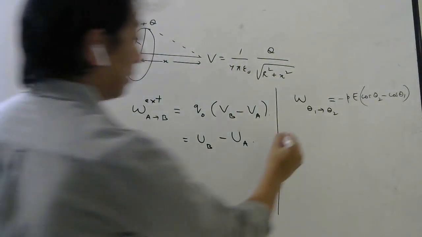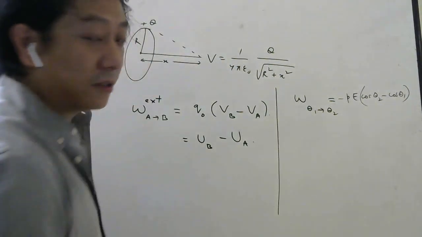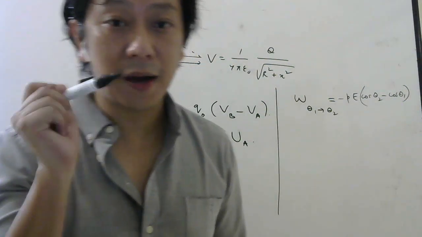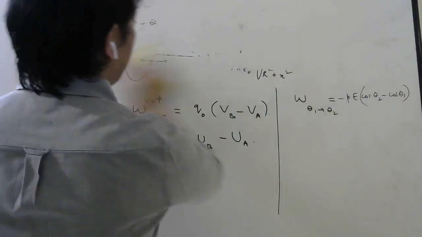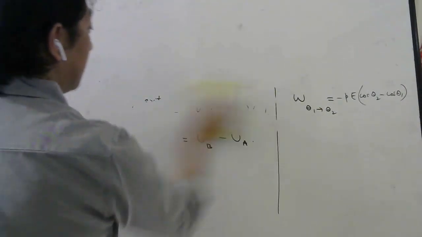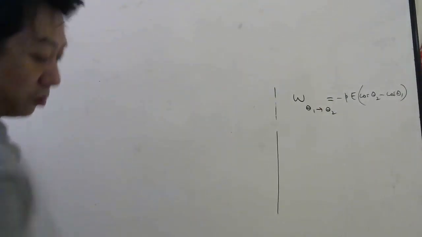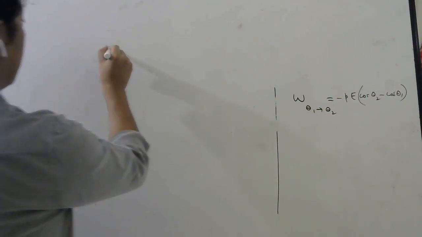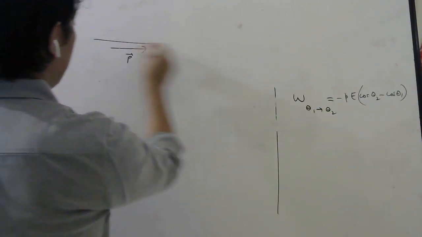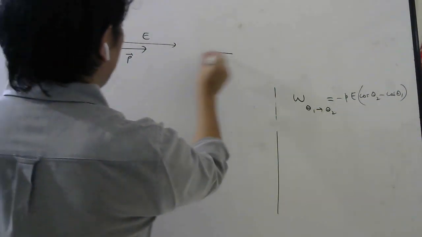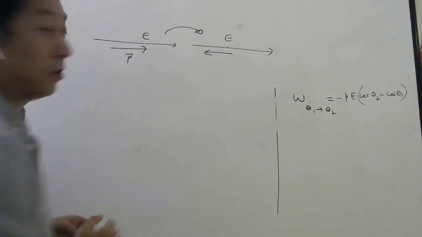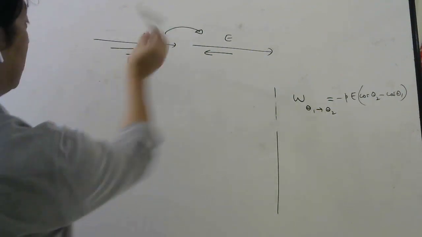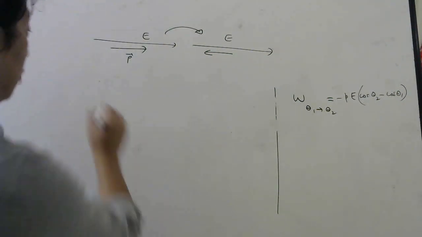Okay, so for example, suppose I say there is a dipole which is aligned parallel to electric field. So why don't we do that problem? There is a dipole which is parallel to electric field. I want to bring the dipole like this. From here to here, I want to rotate the dipole from this position to this position. How much work will be done?